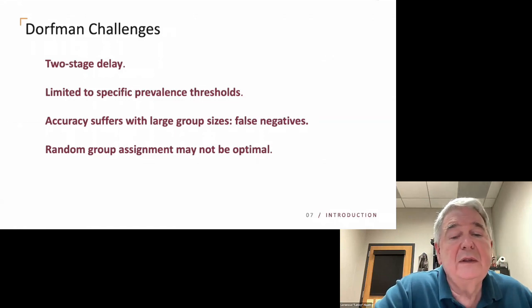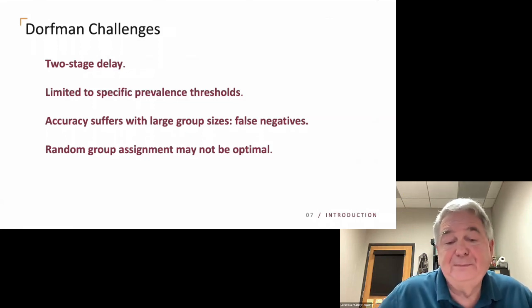So you want to limit the size of the maximum group. And random group assignment is something that we will talk about later as a way of doing Dorfman 2-stage testing. And random group assignment may not be optimal, as we hope to show later.